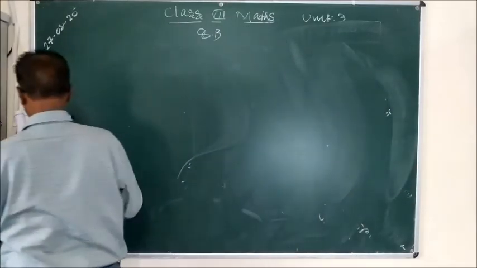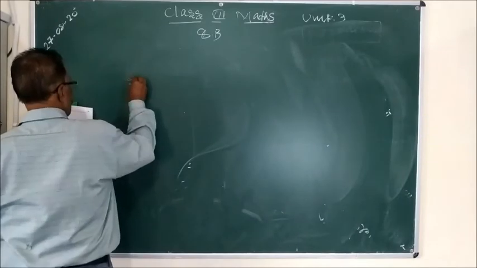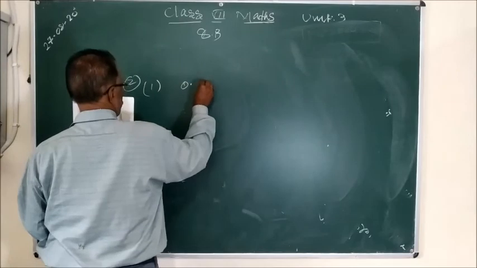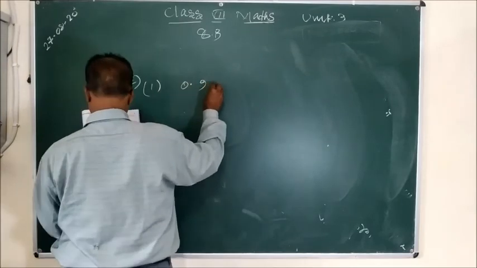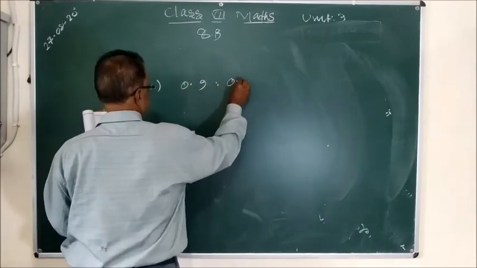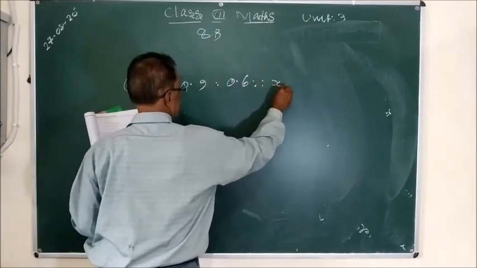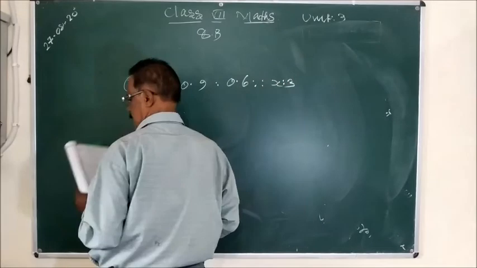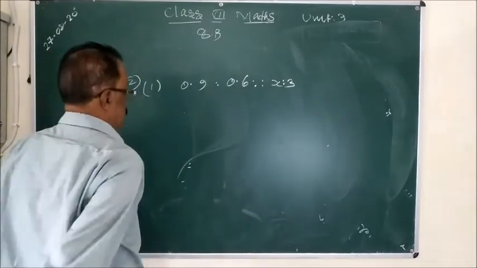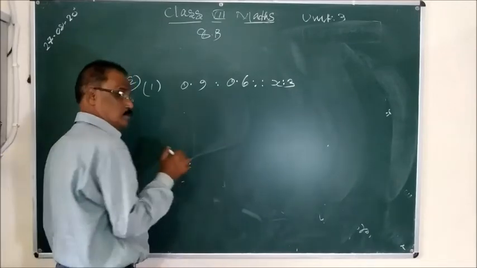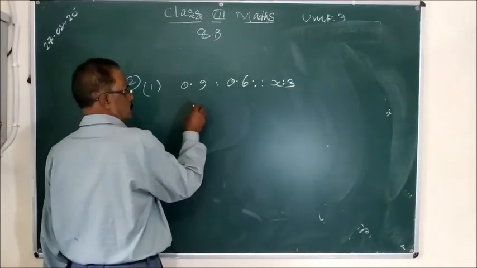Question number 3. Find the value of x. First question: 0.6 is to 0.9 as x is to 3. Now they are in proportion. So to find the value, you use that formula, product of extremes.